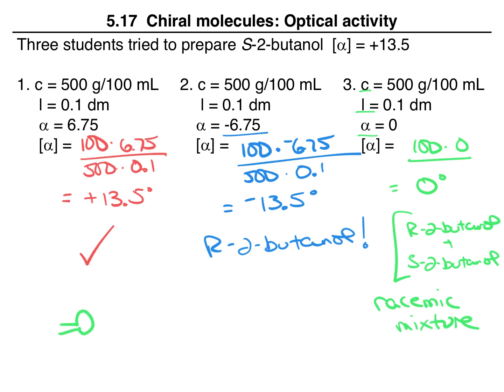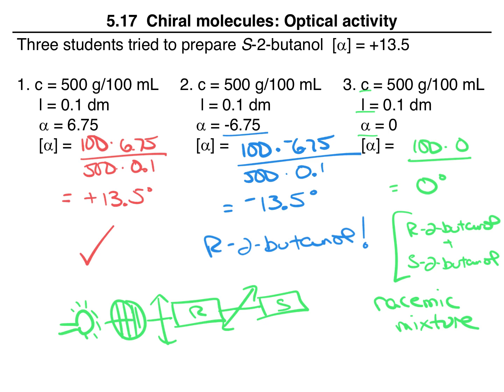So let's think about, here's our light source, and we have our polarizing filter, so our light comes through this way. Now imagine if we had a sample of R, that would rotate light in one direction, and then if we had a sample of S, it would rotate it in the other direction, which would bring it right back to the original angle. And so what we're looking at then would be a rotation of 0 degrees.